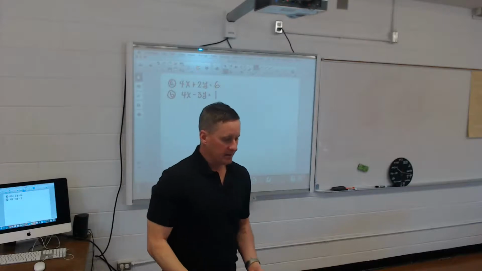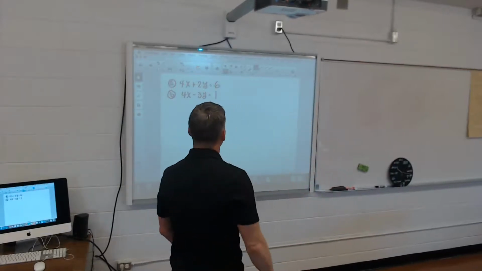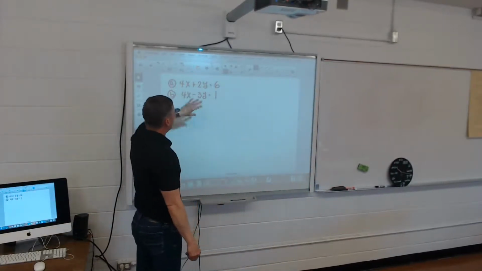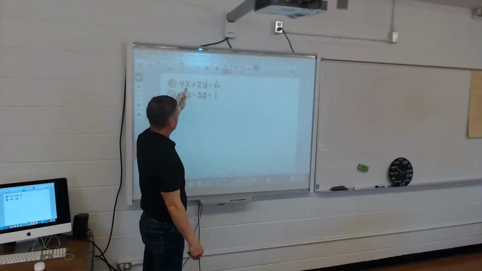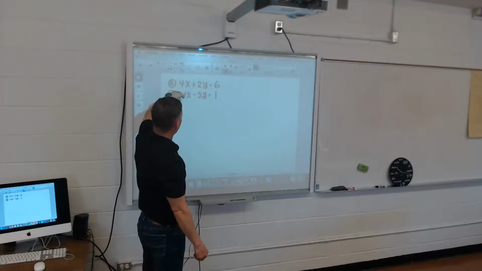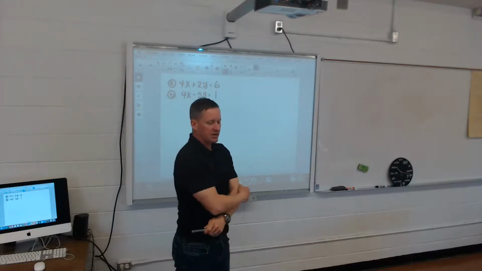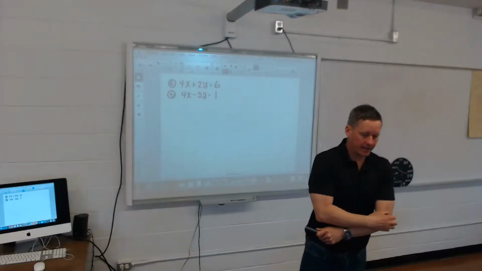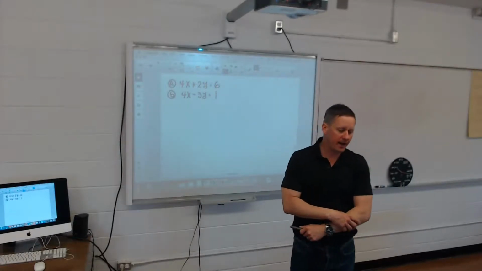Okay, so the first thing that I notice when I'm looking at the coefficients, so that's the number that's in front of the variables, I have a plus 4x and a plus 4x. So what I want to do then is change one to a negative 4x.